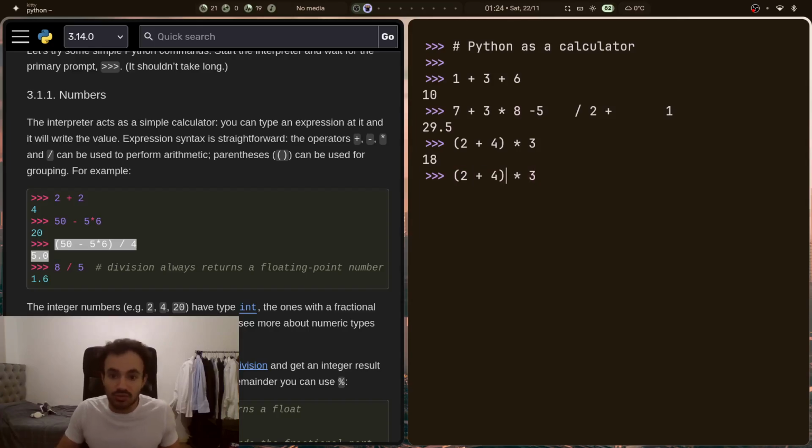If I removed this, then it will give me 14 instead of 18, because Python by default is prioritizing multiplication as you would in any mathematical expression.